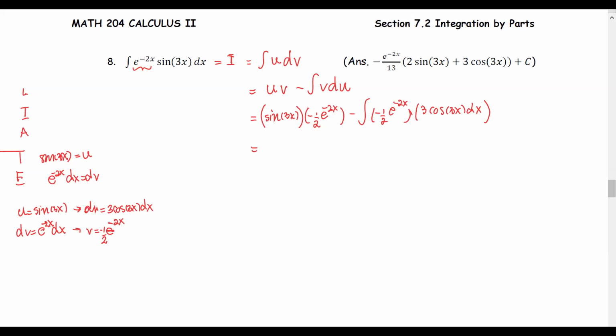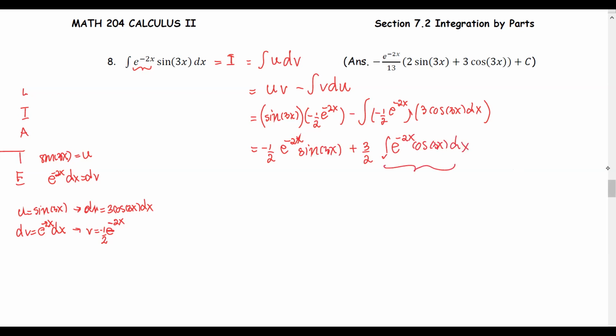We write it in the simplified form. We have negative 1/2 e to the negative 2x sine of 3x. Minus minus becomes plus, and the coefficient becomes 3/2 times the integral of e to the negative 2x cosine of 3x dx.